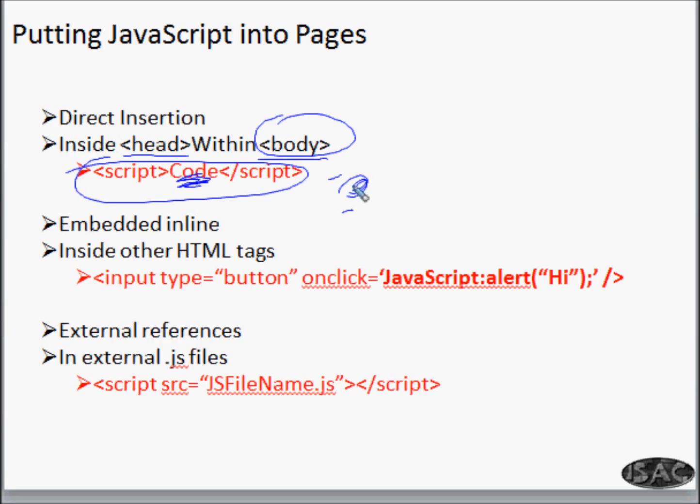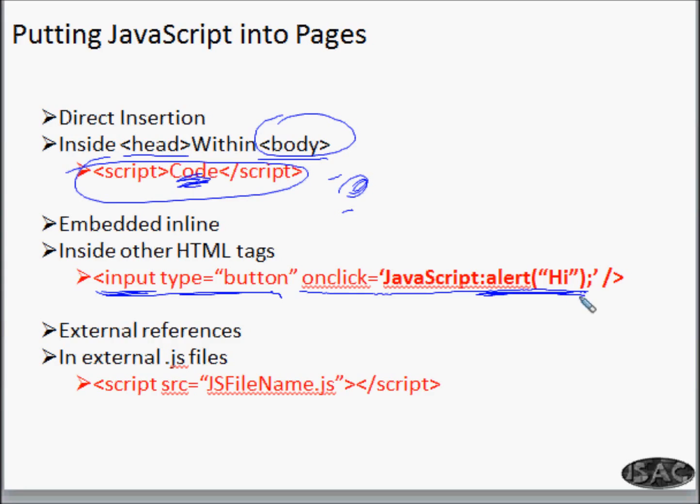Another is embedded inline. So you can write it along with the tag also. For example, input type equal to button and on click JavaScript alert. This code is JavaScript code written along with the tag.